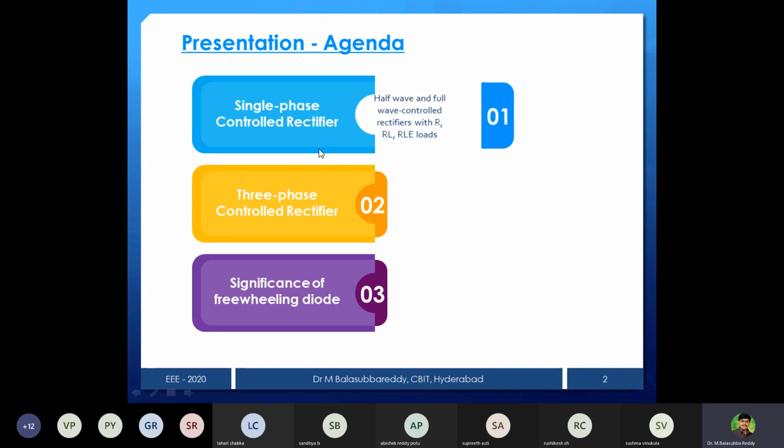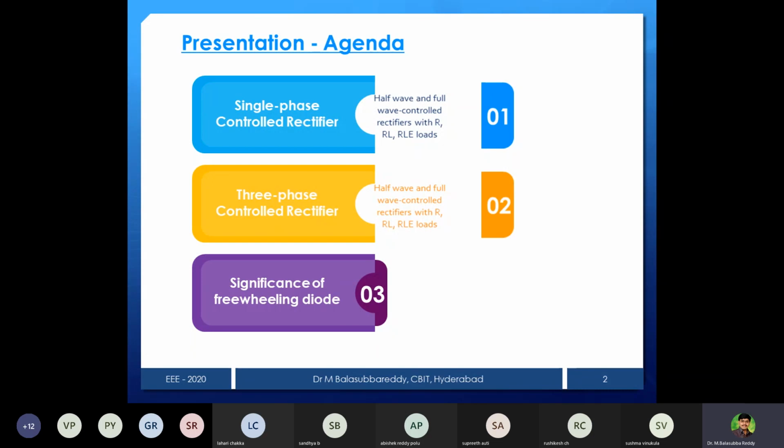In half wave rectifier and full wave rectifier with different loads, first R load, then RL load, then RLE loads and so on. And across the load we can connect one freewheeling diode, and also we can find the performance difference. Similarly, the same thing will move on to three-phase control rectifiers.